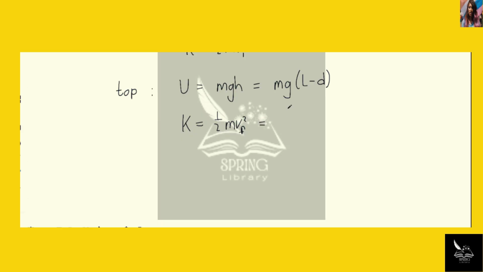Well, we know that this is centripetal motion, so the kinetic energy is mg times r. This is due to the fact that the centripetal acceleration g is just v squared divided by r. And r, being the radius of the circle, is just L minus d. So that's a half mg into L minus d.